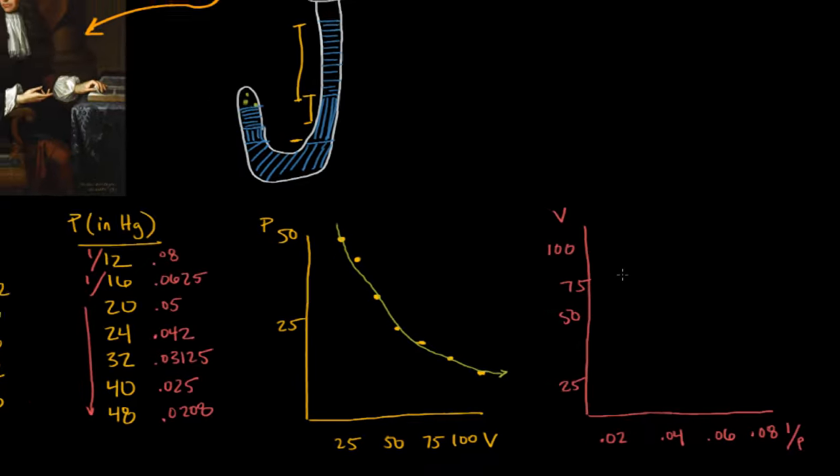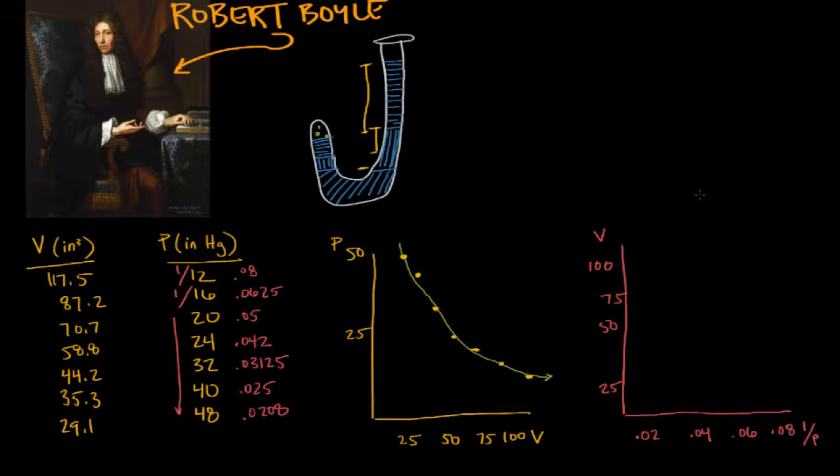So when our volume is 117.5 cubic inches, the inverse pressure would be about 0.08, and then as we go down, 87.2 would be 0.0625, and 70.7 would be 0.05, right in the middle here, and then 58.8, just about 60, would be 0.042, and 44.2 would be 0.03125, and then 35.3 would be 0.025, and 29.1 would be 0.0208.